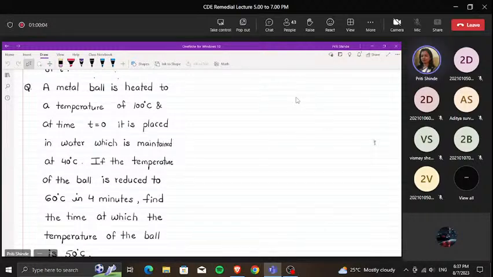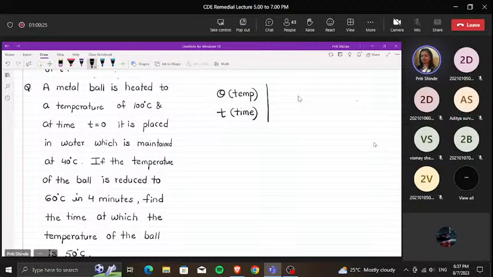To solve a problem based on Newton's law of cooling, first prepare a table. Theta is the temperature and t denotes time.